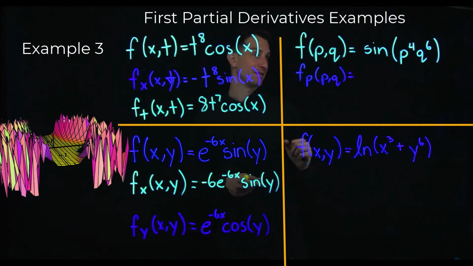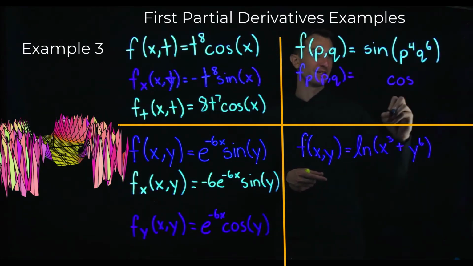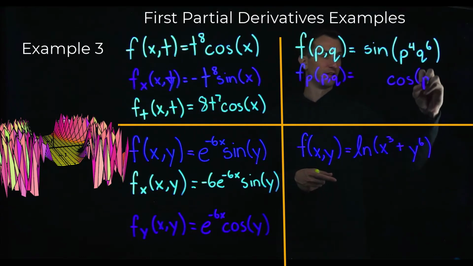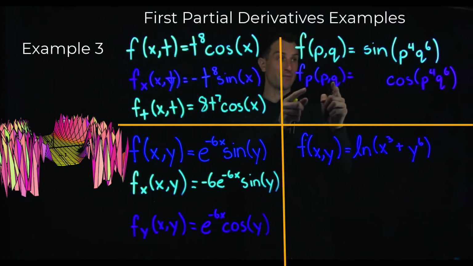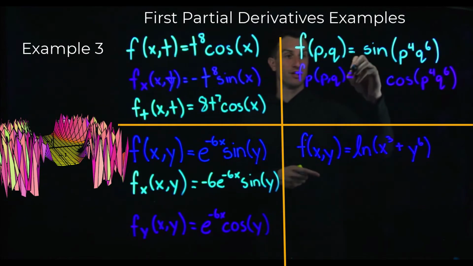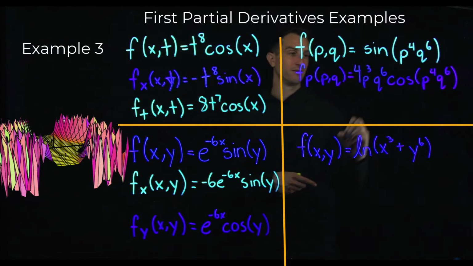In this case, it's going to be cosine. The inside stays the same. Now the derivative of the inside with respect to p, treating p as the variable, we end up with 4p cubed q to the 6.